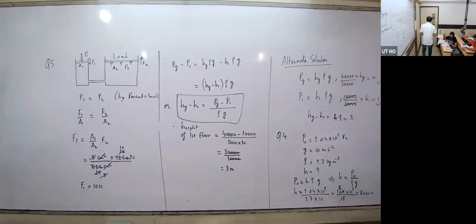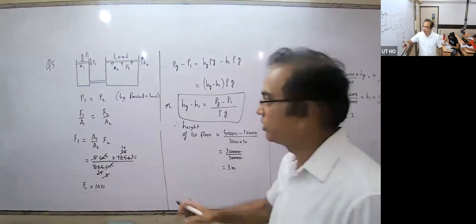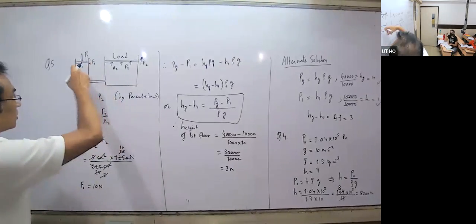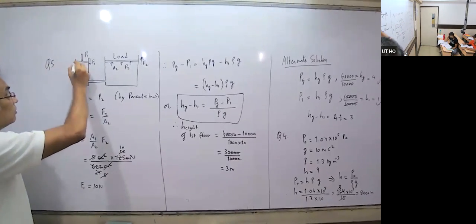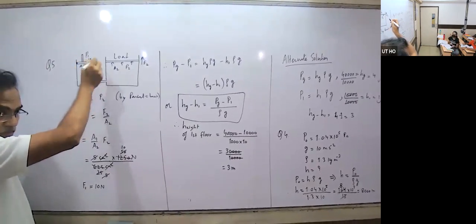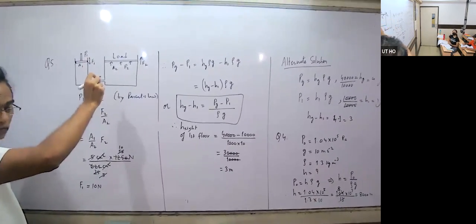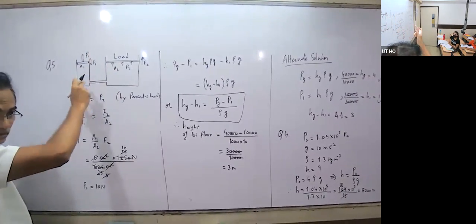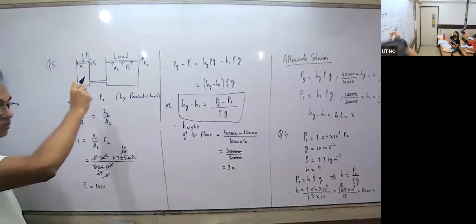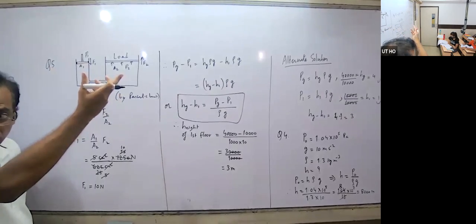The second part is to state any assumption which you make in your calculation. The assumption is that whatever pressure we applied, everything got transferred. When is it possible? When there is no friction, so there is no energy lost in friction, right? And there is no leakage. Because if there is any leakage, then the full pressure will not reach. So this is a confined liquid. Remember, Pascal's law is applicable only for a confined liquid. If there is any leakage, then the liquid is not confined.